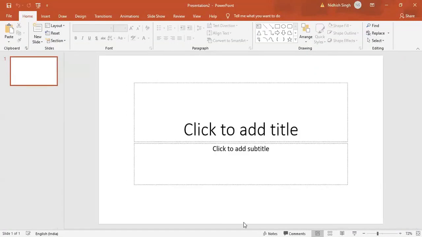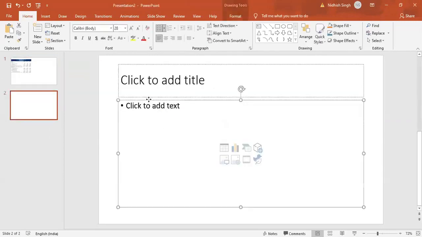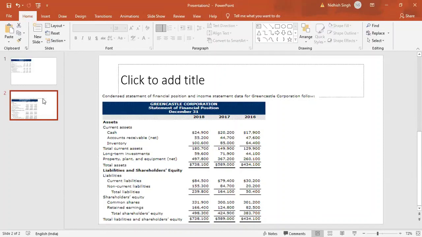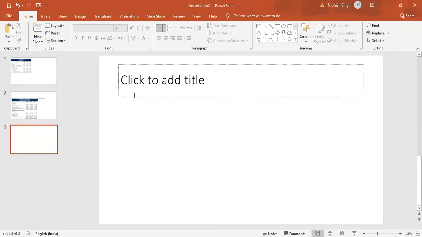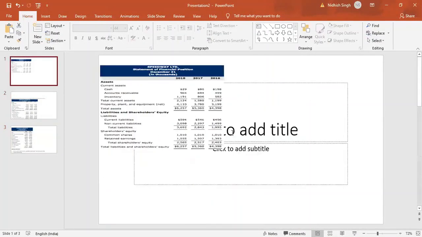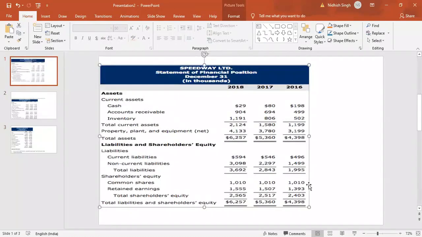I'll show you the excerpt of primary statement. So now can you see and correlate to what we were talking about?